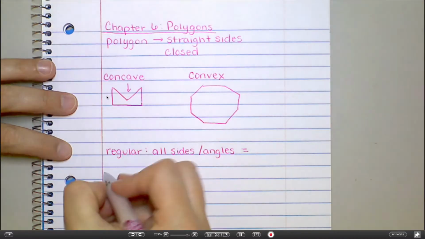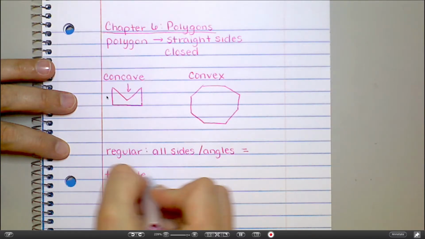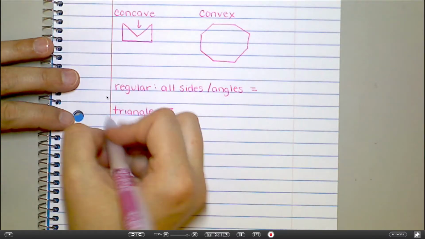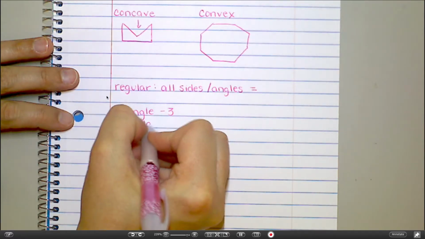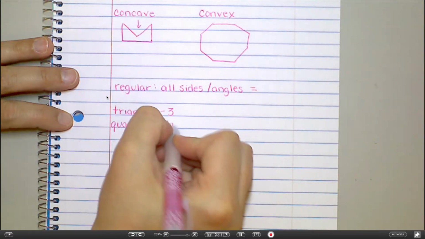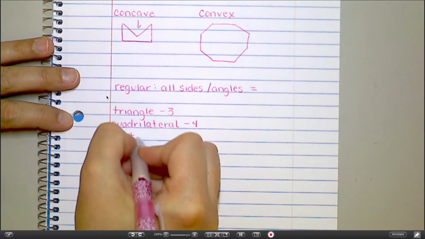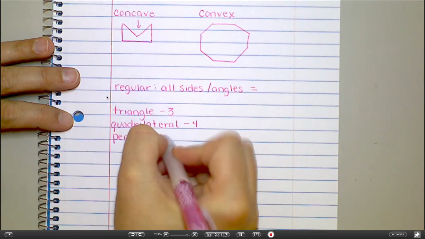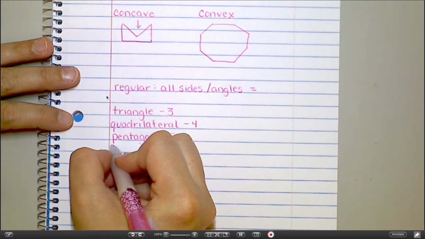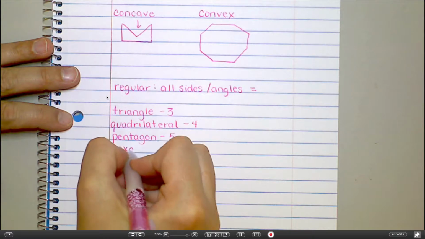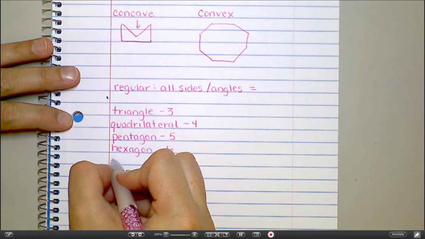Maybe I should write this down. Hexagon. Triangle is 3. Quadrilateral is 4. Pentagon is 5. Anything I write, you write. And you can write down other stuff too. What was 6 again? Hexagon. Darian, what was 7?